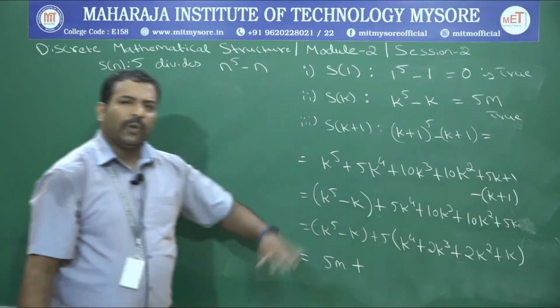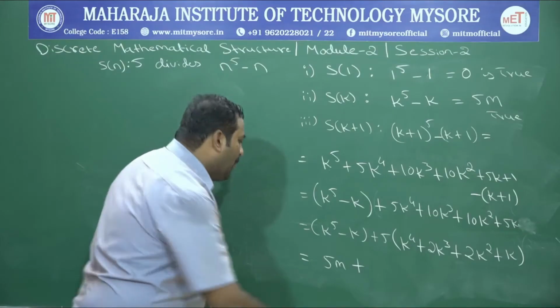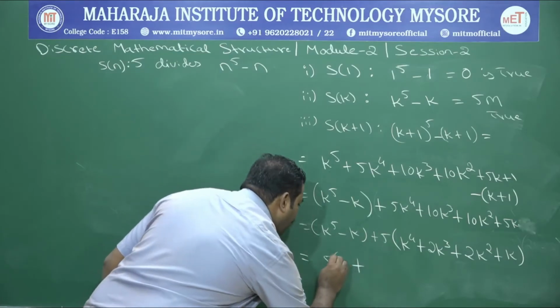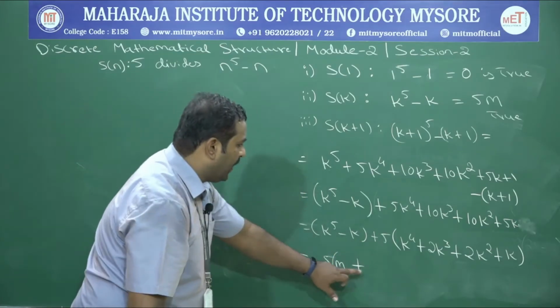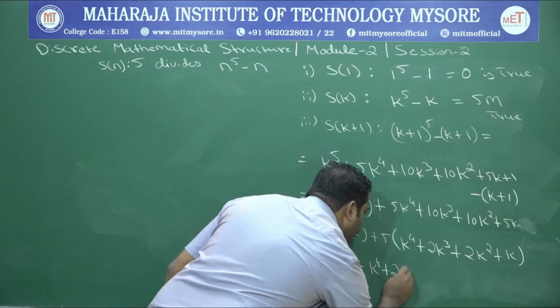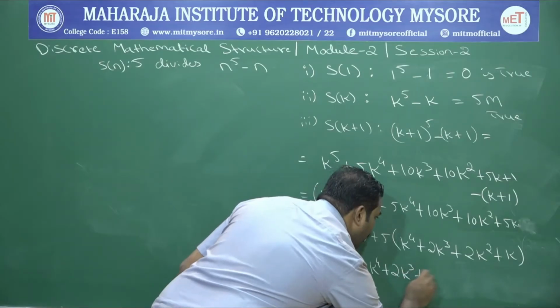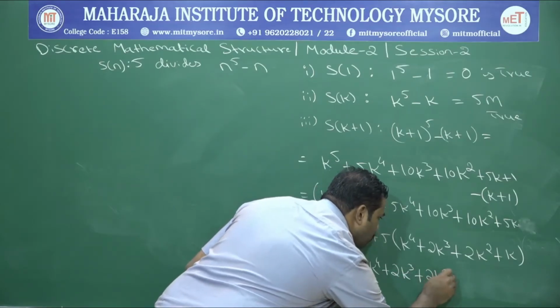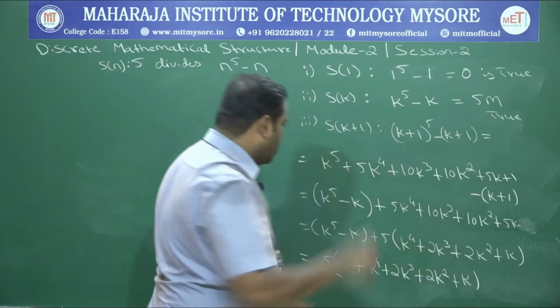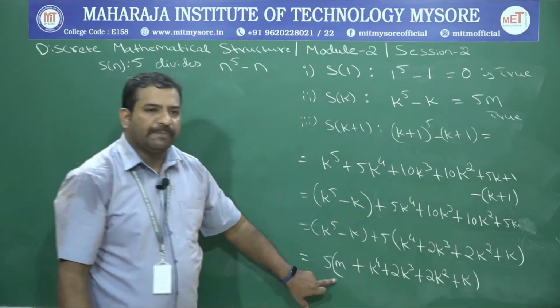Now writing one more additional step, take 5 as common, and m plus k to the power of 4 plus 2k cube plus 2k squared plus k. Hence, I'm going to end with this particular form.